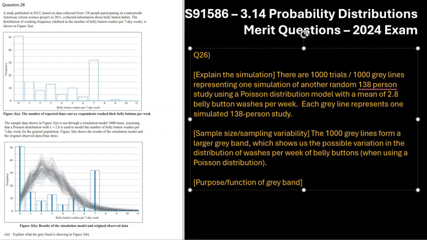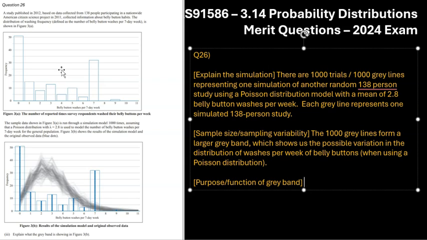And I guess the next part is we've got to talk about, well, what's the purpose of the grey band? So the grey band is going to allow us to compare the actual data that we have, this data up here, with what a percent distribution should have looked like, and then it will let us figure out, is a percent distribution appropriate in this case?